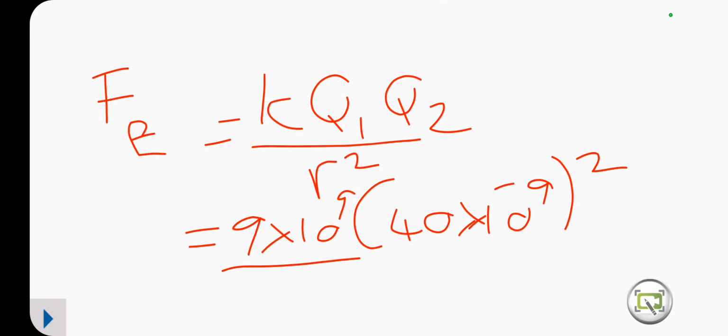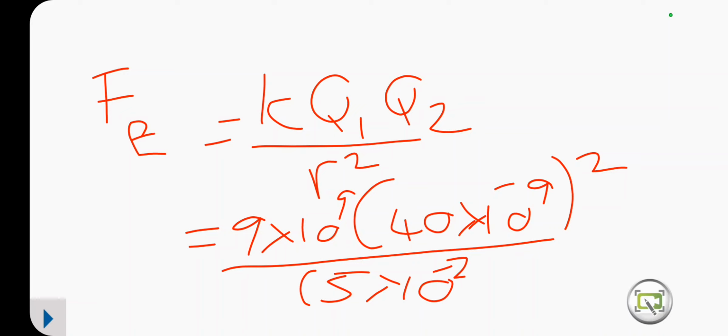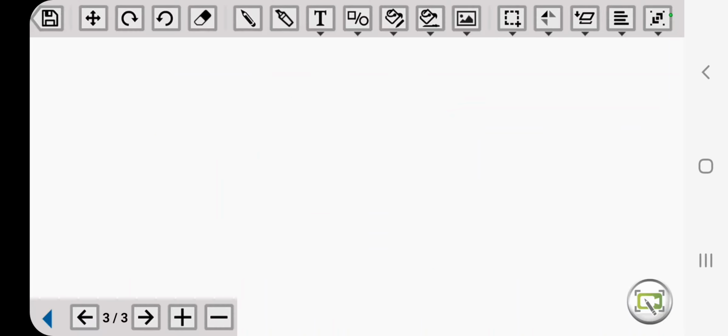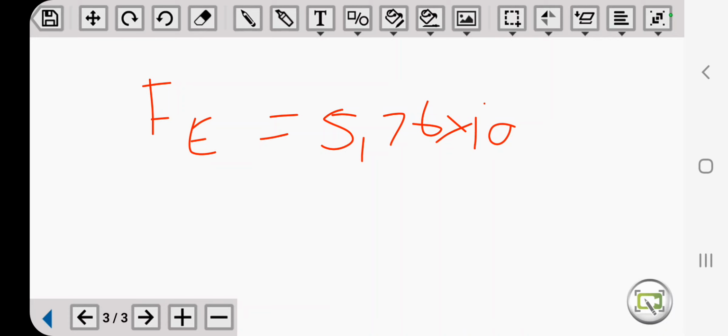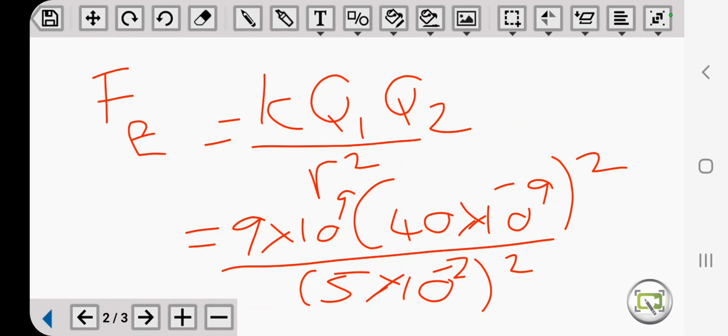So therefore I'm going to square it, over 5 times 10 to the power of negative 2, converting it to meters. And that will give us Fe being 5.76 times 10 to the negative 3 newtons. They will be repulsive because they are exactly the same.